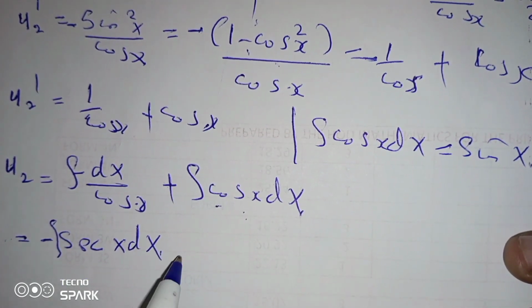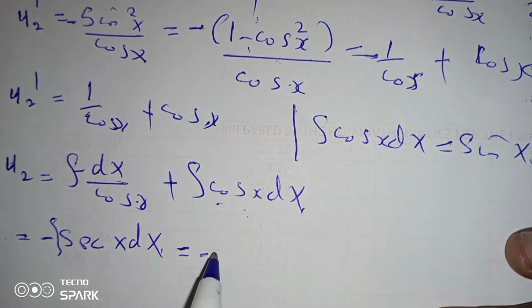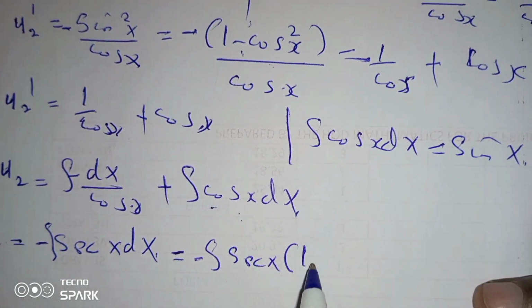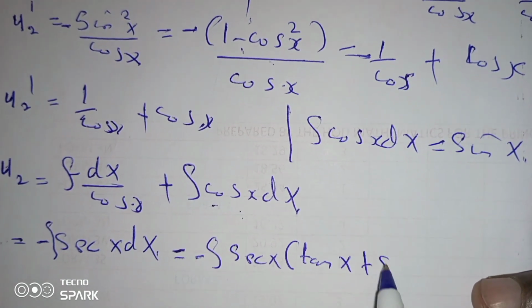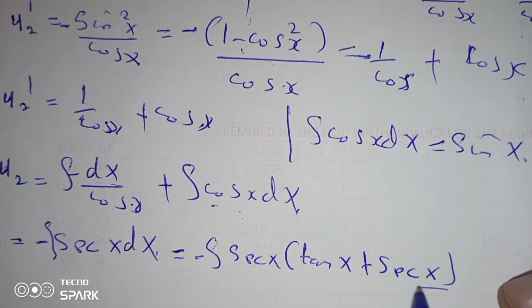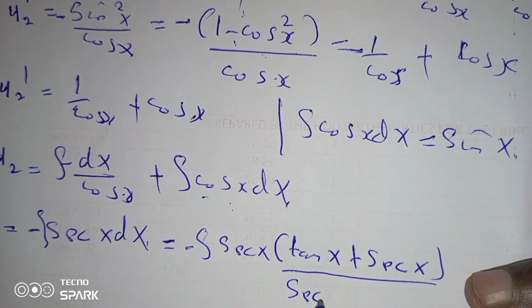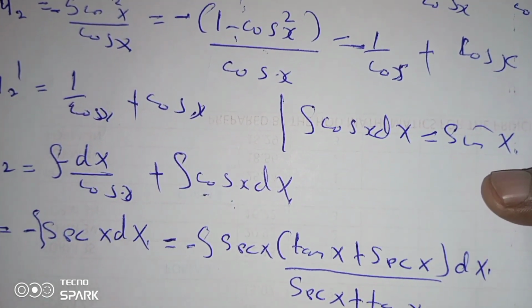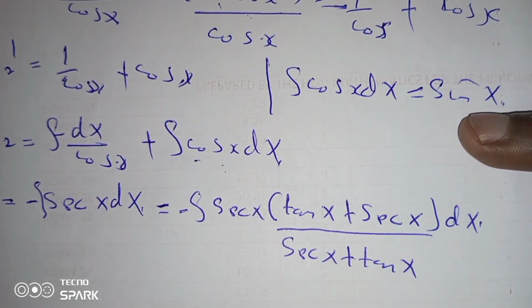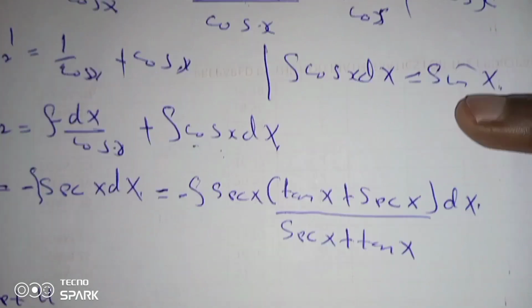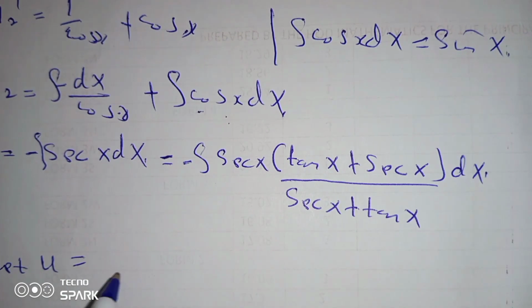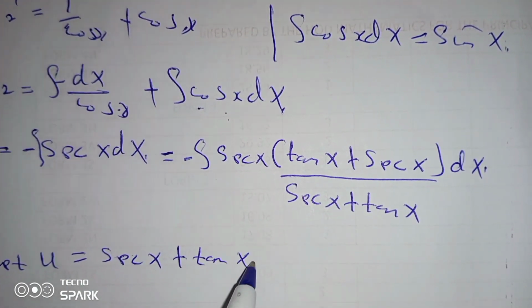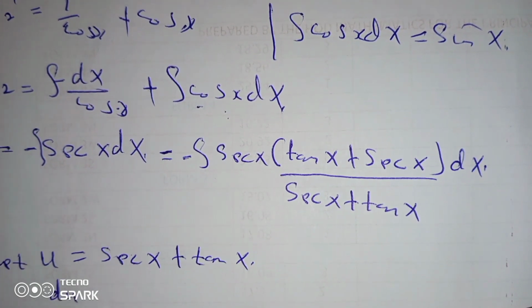Then, which can be written as negative integral sec of x into bracket tan of x plus sec of x, divided by sec of x plus tan of x dx. Then from there, we let our u be equal to the denominator, which is sec of x plus tan of x, so that we get du.